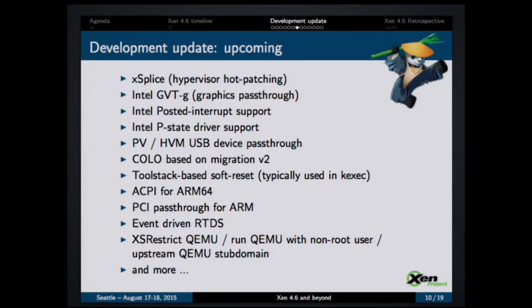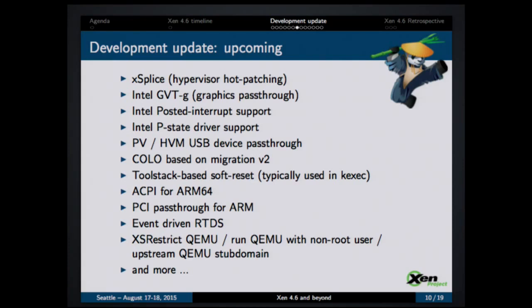So the first thing is the XSplice, which is going to be covered by Konrad. It's not yet here. It's about hypervisor hot patching. And then there are some other Intel features such as the graphics pass-through and posted interrupt support and P-state driver.